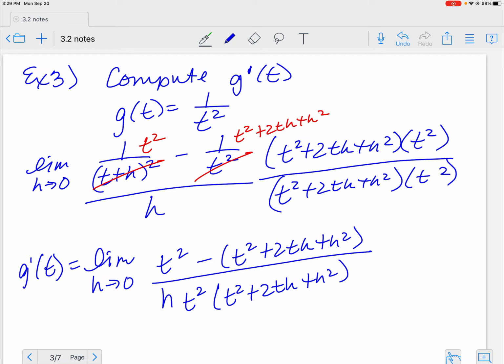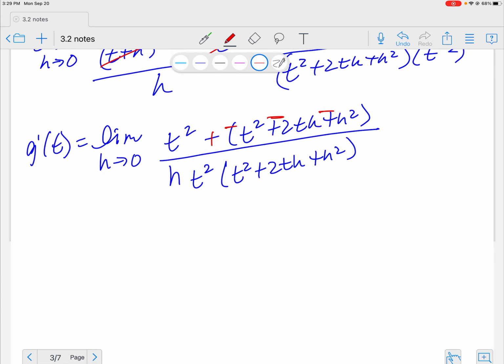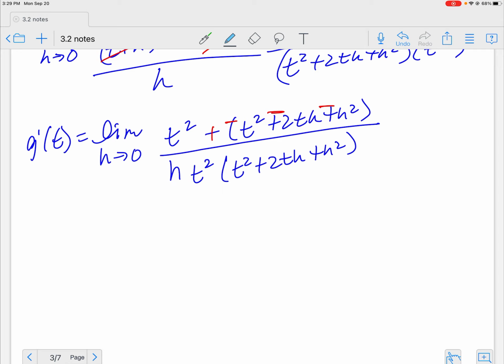The kicker to this, though, is you're still subtracting here, so make sure that you're distributing that negative. Okay. Now, clean it up. There's always stuff to cancel, right? Positive t squared minus t squared, because the goal is whatever's left over is always going to have h's in it that you can factor out. You see in this pattern that happens for us every time?